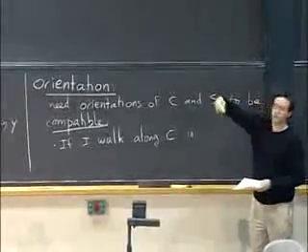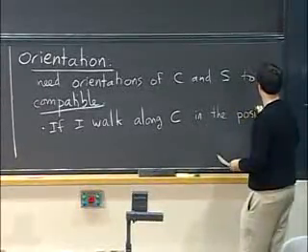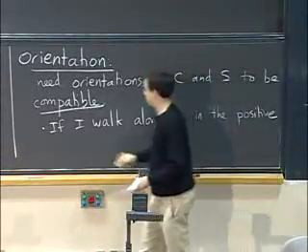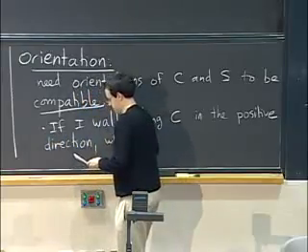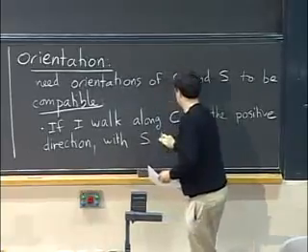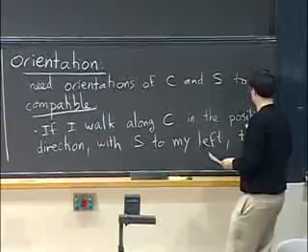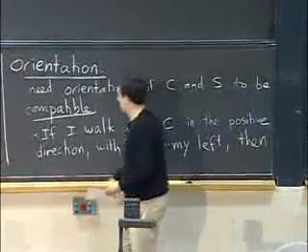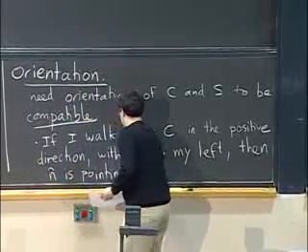If I walk along C, I should say in the positive direction, in the direction that I've chosen to orient C, with S to my left, then N is pointing up for me.